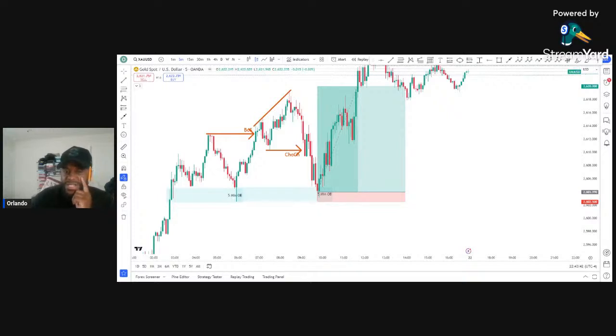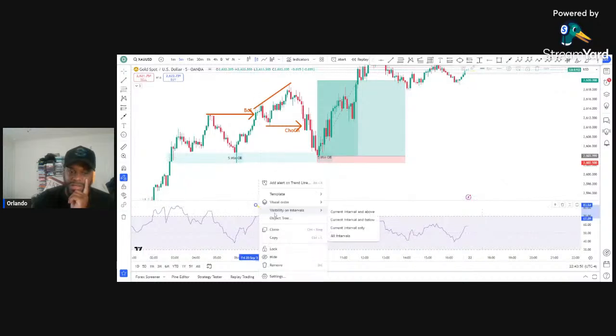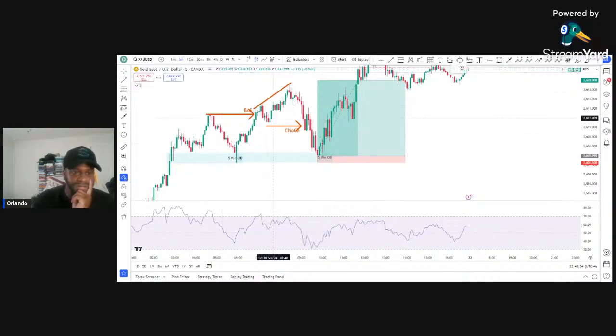First of all, let me show y'all that it's a divergence. Look at this. It's slanting upward. This is slanting lower, right? So then at midpoint, boom, change of character. This is the last area where the market accumulated. Okay, that's why it's the change of character area.